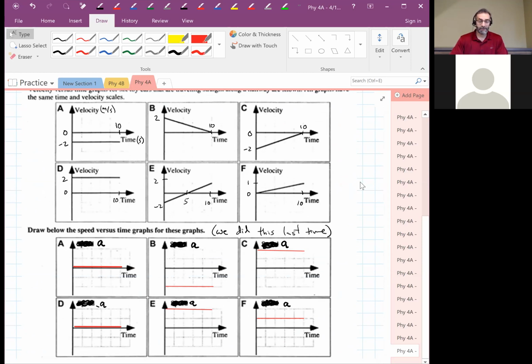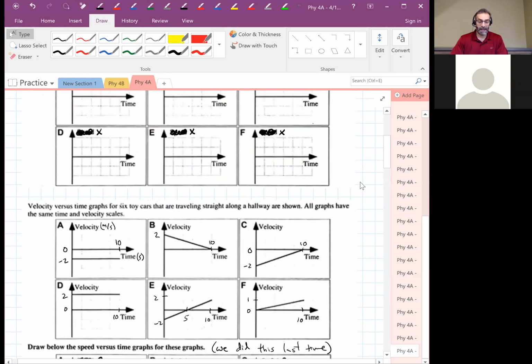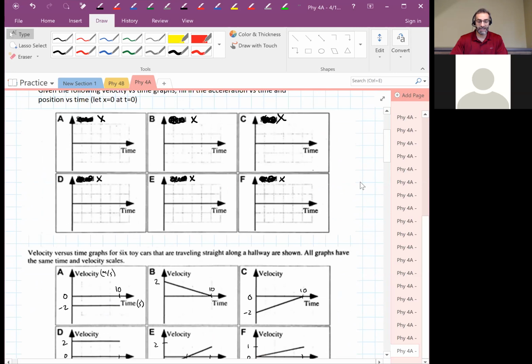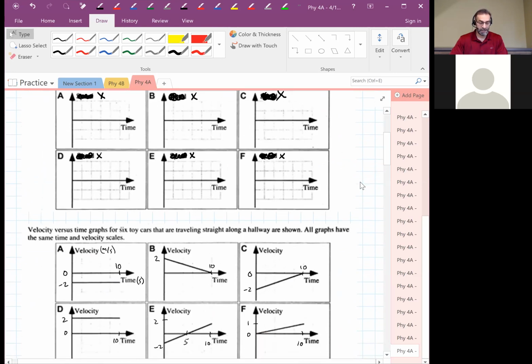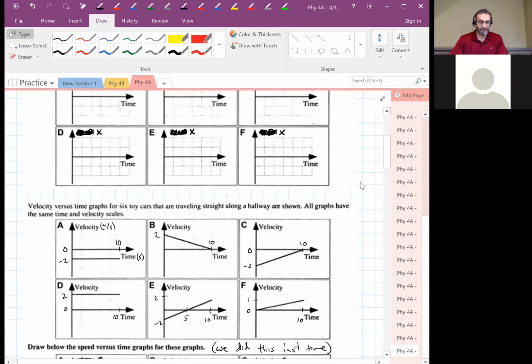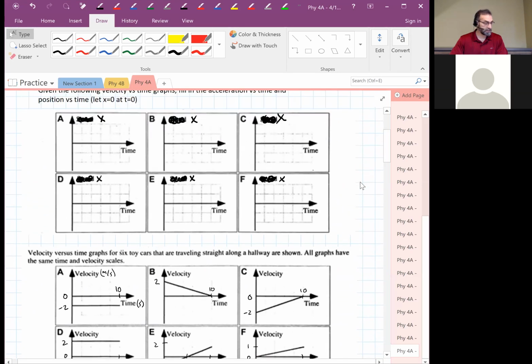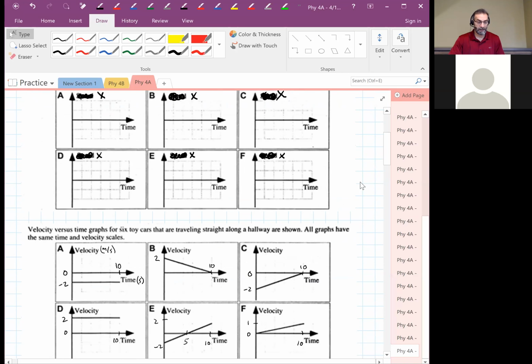So today we're going to take those velocity versus time graphs and fill out the corresponding position versus time graphs. Let's start with D, and we'll go through them one at a time.